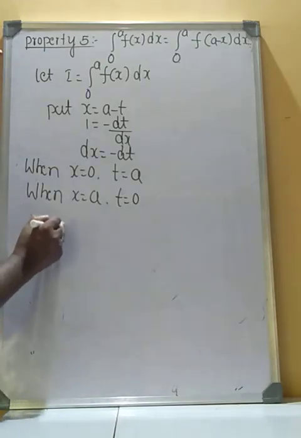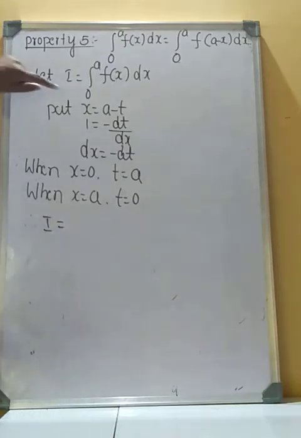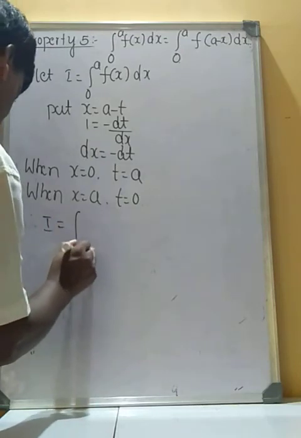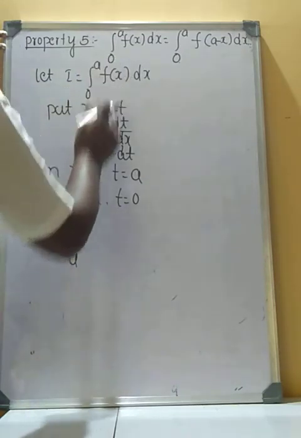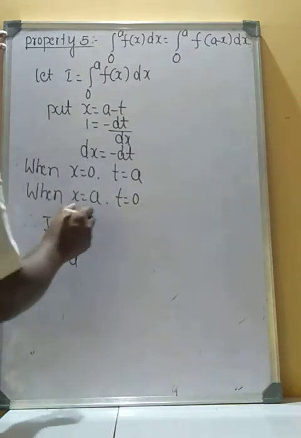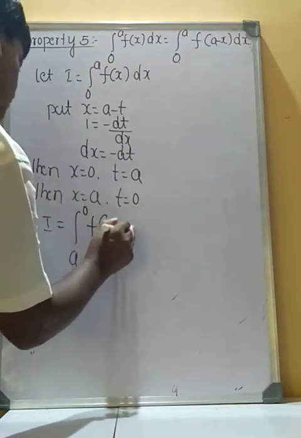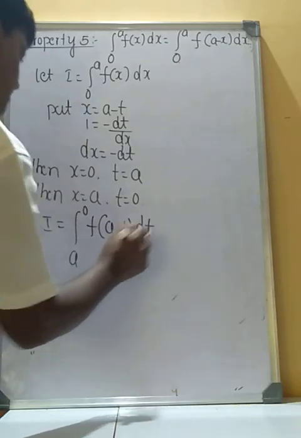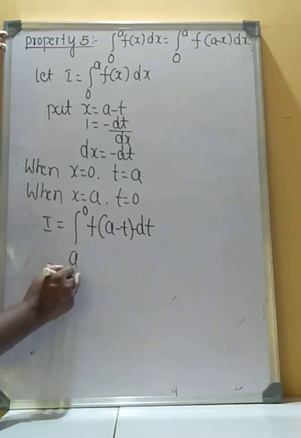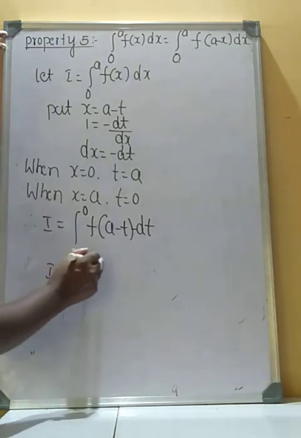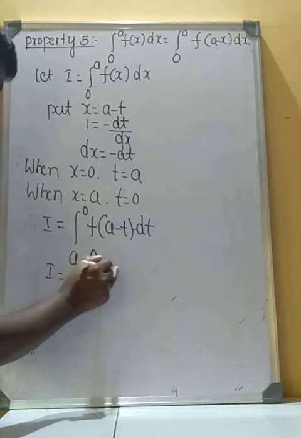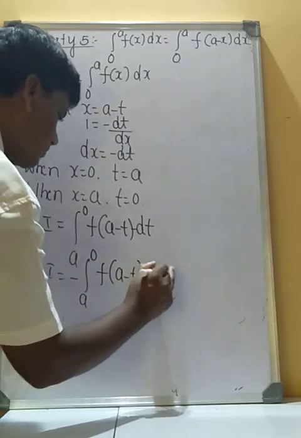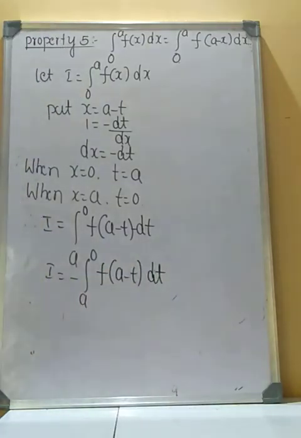Therefore, substitute in the given integral: x is 0, t is a; x is a, t is 0. So f of a minus t into minus dt. Therefore I is equal to, taking the minus outside, integral a to 0 f of a minus t dt.